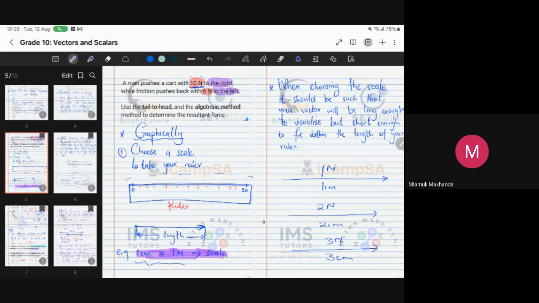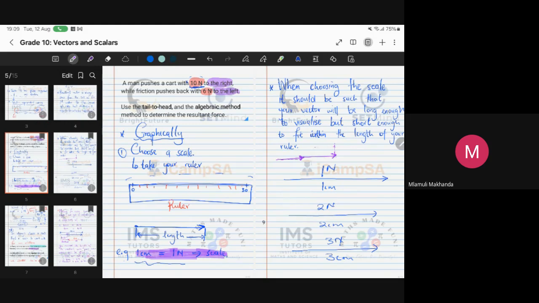Let me quickly give you a recap on that. Whenever you're still drawing vectors, you're not drawing the resultant. If you have a vector going like this and you want to add another one, you have to start it here from where this one ends and you go to where the other one is supposed to go. If you have another one that has to go to the left, you just do this, because you can't draw it on top of this, otherwise you won't be able to see it.